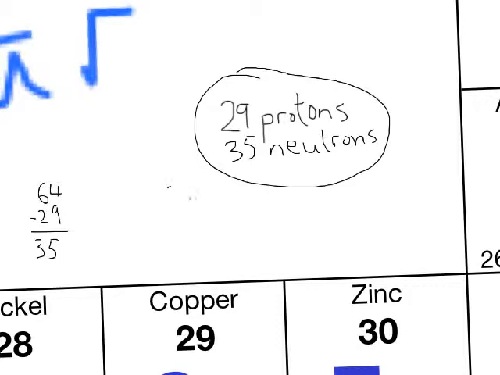There's one, 29 of them, all whizzing around. 1, 2, 3, 4, 5, 6, 7, 8, 9, 10, 11, 12, 13, 14, 15, 16, 17, 18, 20, 21, 22, 23, 24, 25, 26, 27, 28, 29. The things that are around the outside of the atom we call electrons. And there are therefore 29 electrons.